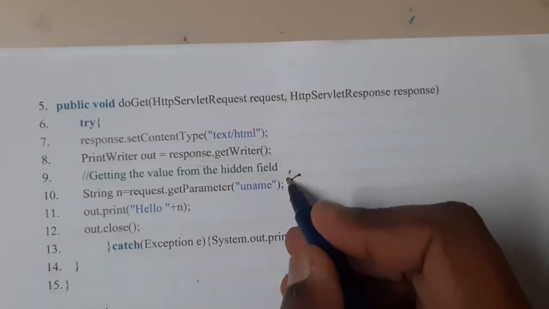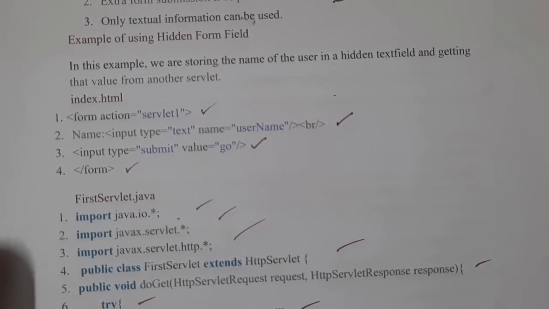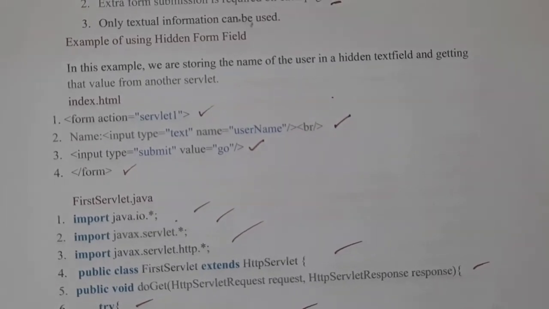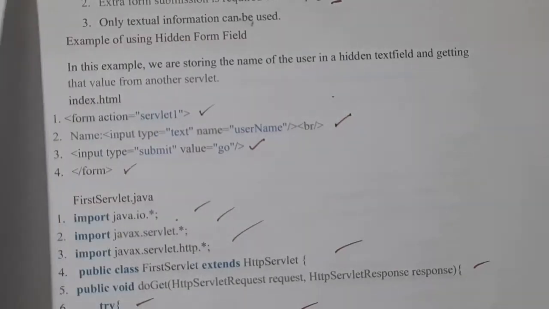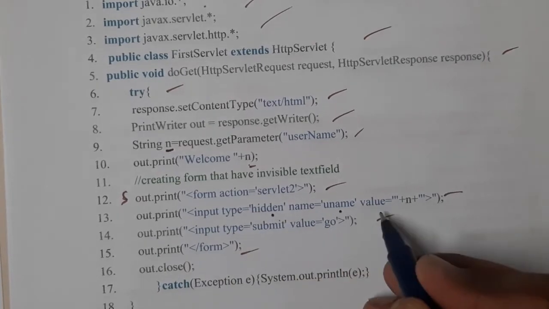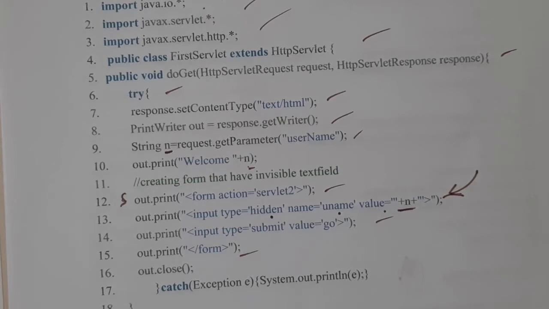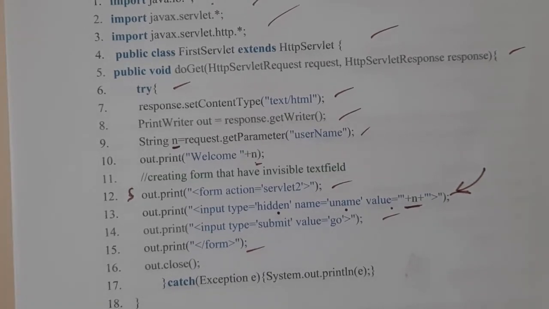If you recall here, it should be written in this way. Here it is written. Input type equal to hidden, name equal to uname, value equal to name. So here you are assigning the hidden form field, to be clear.